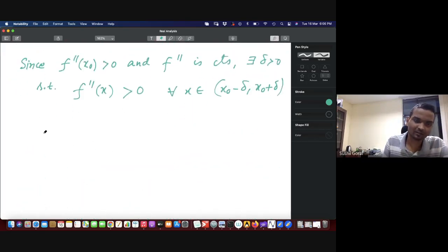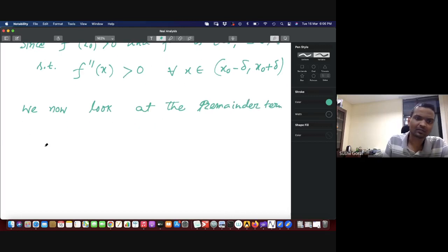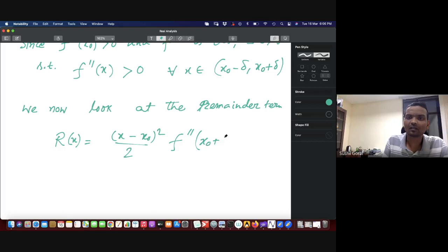Now look at the remainder term. R of x, which is x minus x naught squared by 2 f double prime x naught plus theta times x minus x naught for some theta belonging to 0, 1.